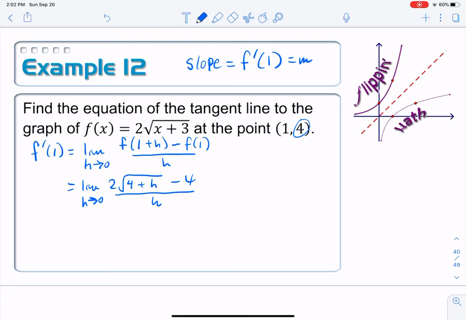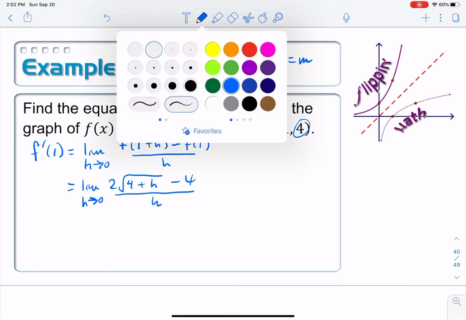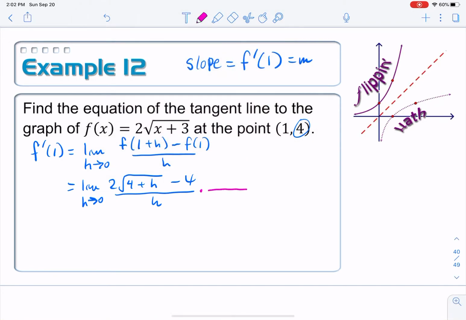All right, so indeterminate form, when I have square roots, how do I fix it? That's right, I multiply by a conjugate. I am going to rationalize the numerator. And the conjugate here is 2 times the square root of 4 plus h plus 4 on the top and the bottom. It's our fancy one. And of course, when we multiply our conjugates together, the middle term will cancel out.